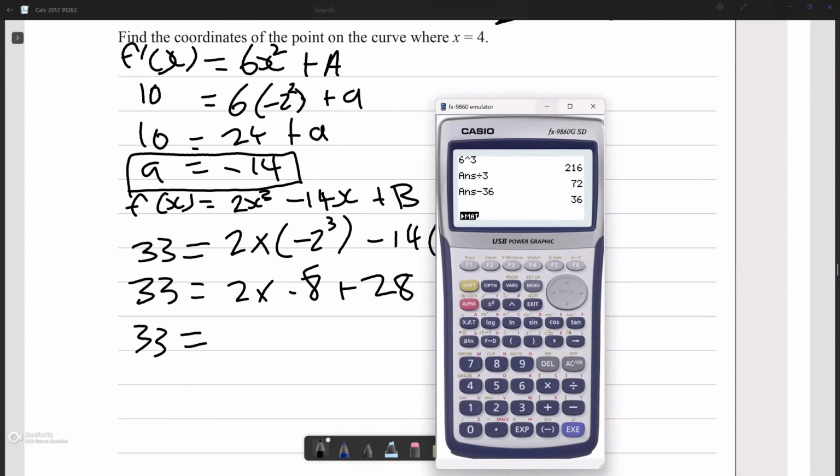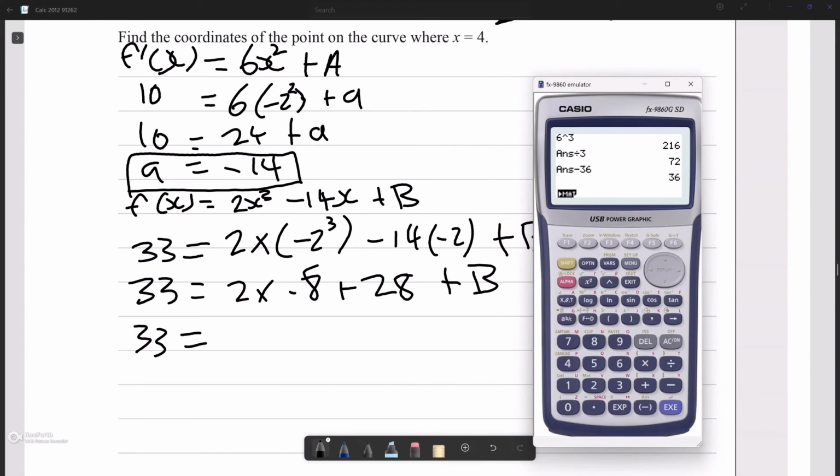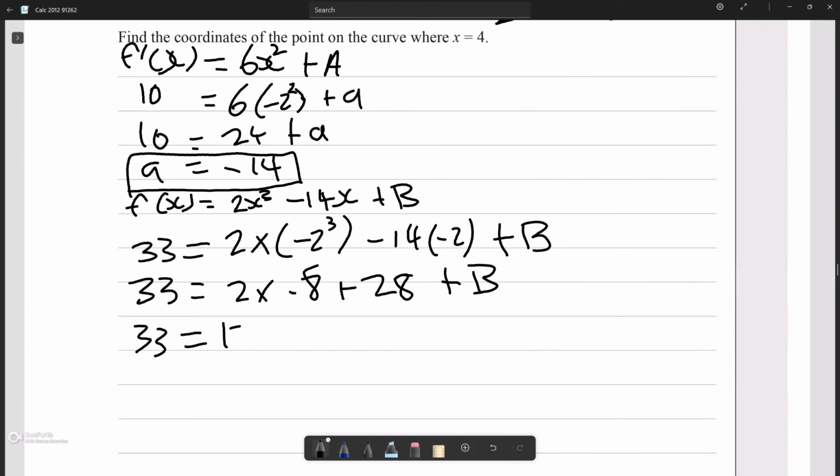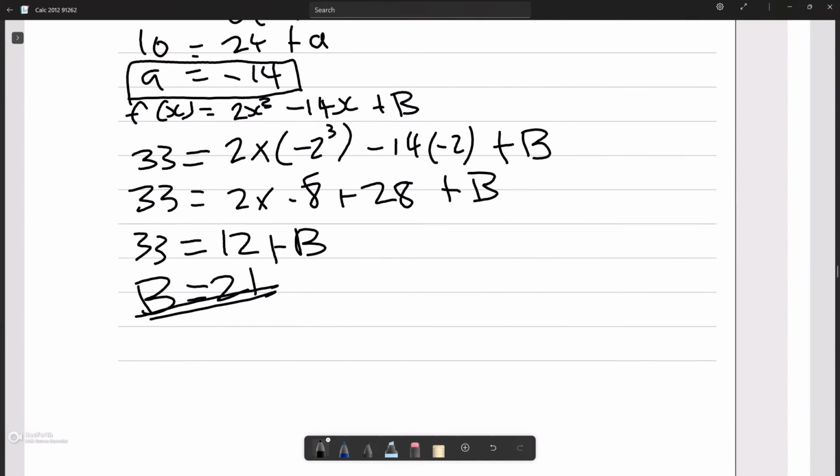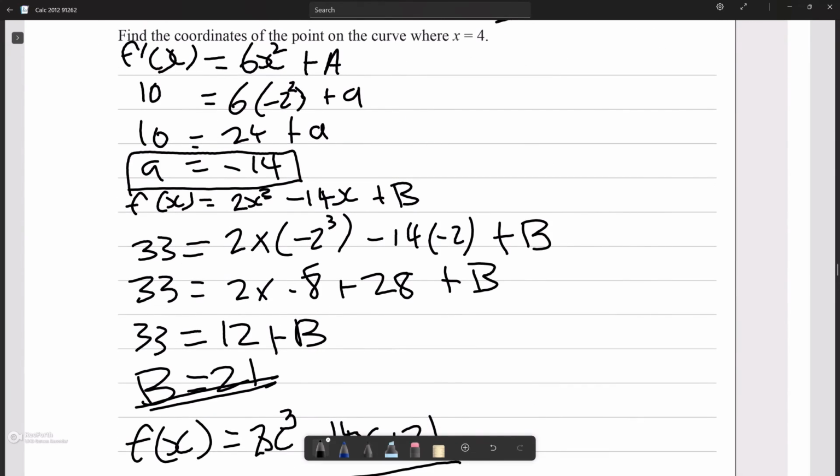So 33 is equal to -16 plus 28, which is 12, plus b. So 33 minus 12 is 21, so b equals 21. Hence, finally I can write that f of x was equal to 2x cubed minus 14x plus 21.